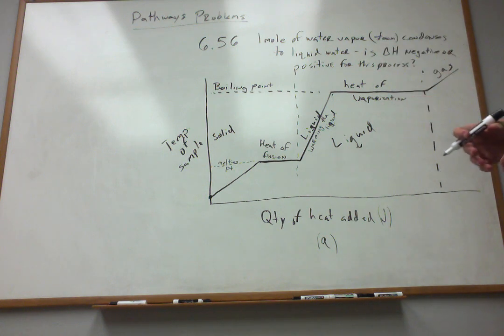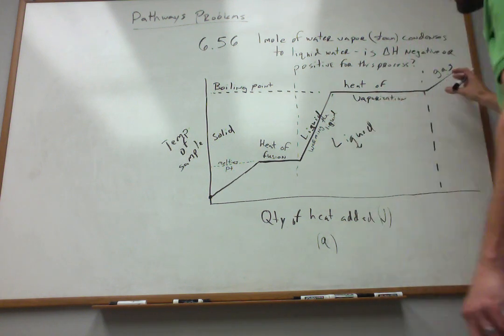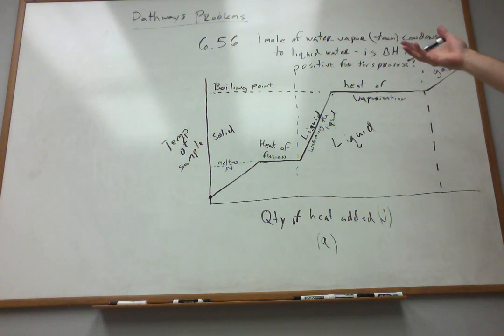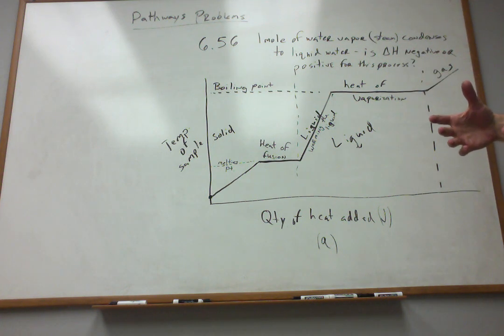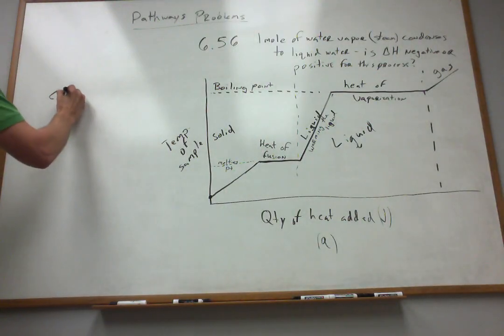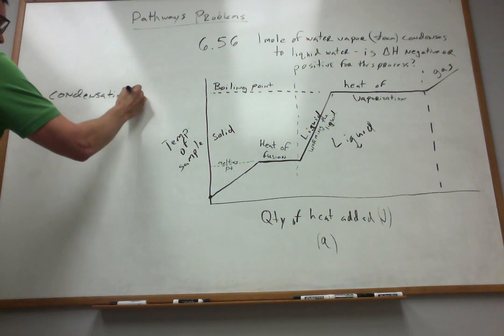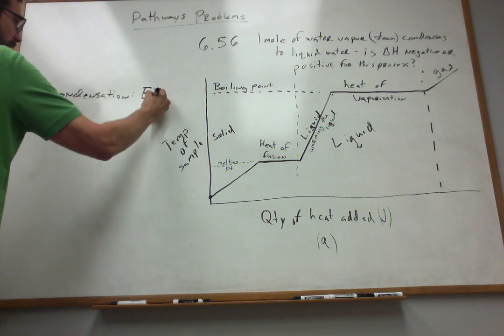So back to the original question then. It asks us about 1 mole of water vapor, and we're condensing, okay? So we're actually going from the gas to the liquid. We're going the opposite direction. The way we describe this is as an exothermic process or an endothermic process. And it turns out that condensation, that's what this is talking about, is an exothermic process.